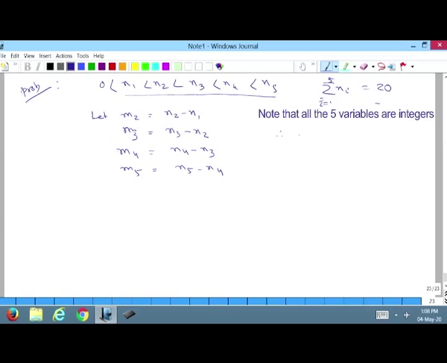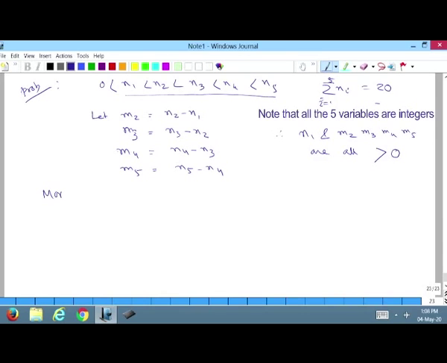Therefore, n1 and m2, m3, m4, m5 are all greater than 0.